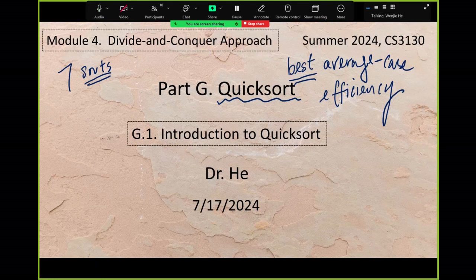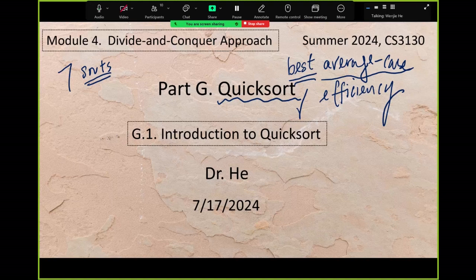We run many experiments. At the end, you will see this one performs the best. That means it has the best overall efficiency, or average case efficiency. It may not be the best worst case or best case, but it has the best average case efficiency.